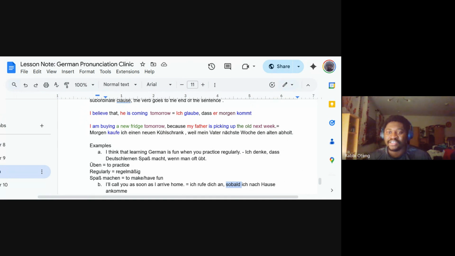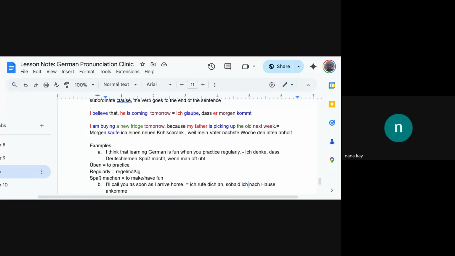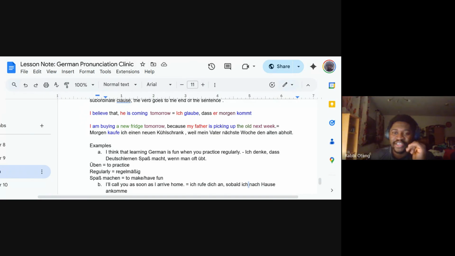So after the conjunction, you go back to the subject, then the verb comes. An example is dann. Dann is also a conjunction, but when you use dann, you say ich komme nach Hause. So you just have to know that this conjunction needs you to put the verb at the end of the sentence, or whether it follows the normal order. With conjunctions, about 80% of them, or let's say 90%, you have to push the verb to the end of the sentence. Okay.